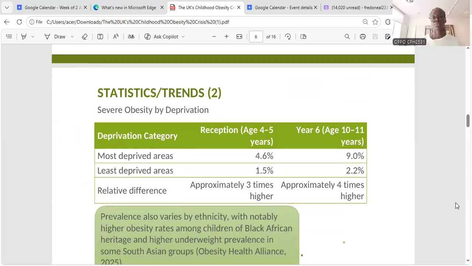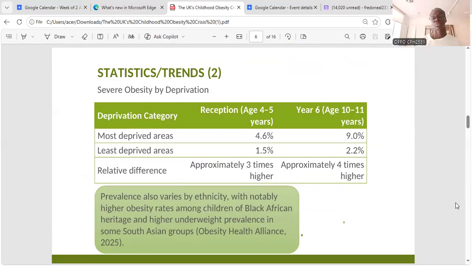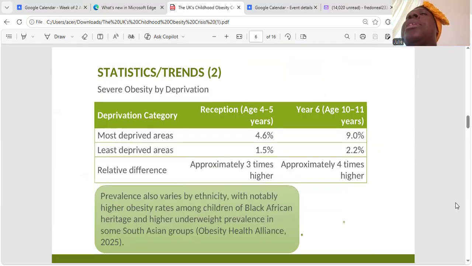The second table looks at severe obesity. In reception, 4.6 percentage points of children in the most deprived areas have severe obesity, compared with 1.5 percentage points in the least deprived areas.